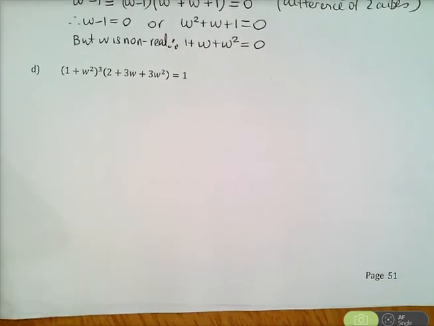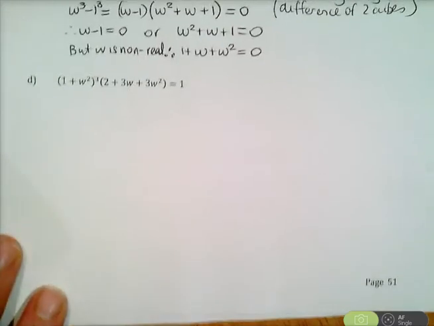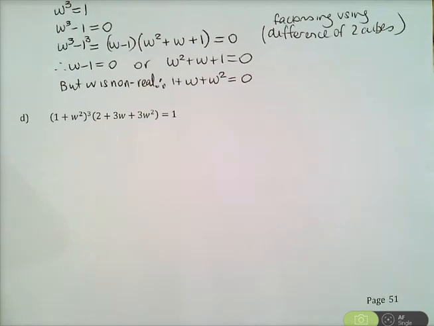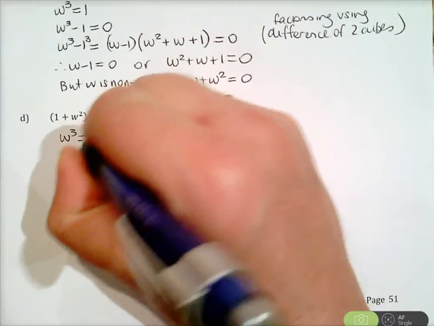Now with result D. To prove this result in D, we'll need to use our results from our earlier parts. Our results from earlier parts are that w cubed equals 1.